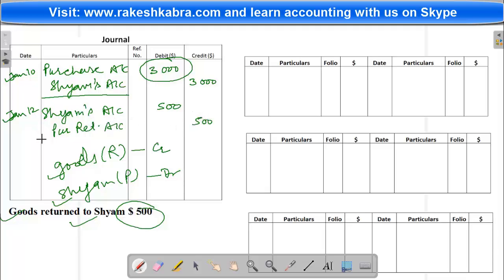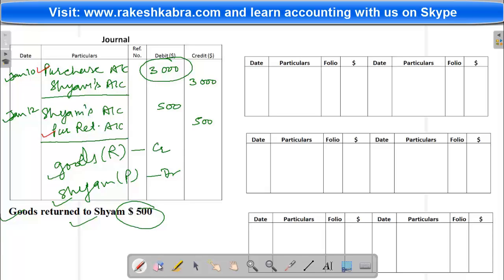Getting my point? Yes. So this is the nickname I used actually in place of goods. Which nickname? This purchase return. Earlier when I purchased goods, I used this nickname purchase. But now later on I am returning the goods, so I will use this nickname purchase return. Is that clear?